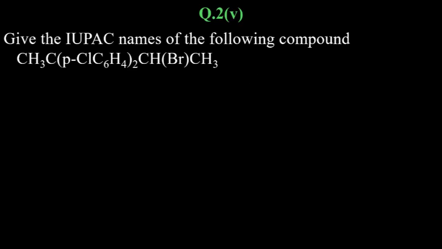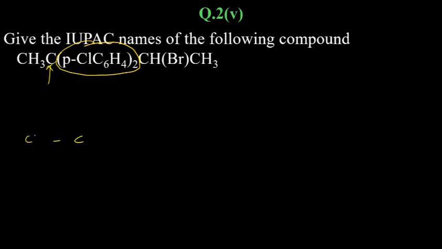Draw the structure, and the fifth one is again easy. This para-chloro C6H4 whole twice means two para-chloro C6H4 are connected to carbon. Okay, so this carbon I am drawing here.